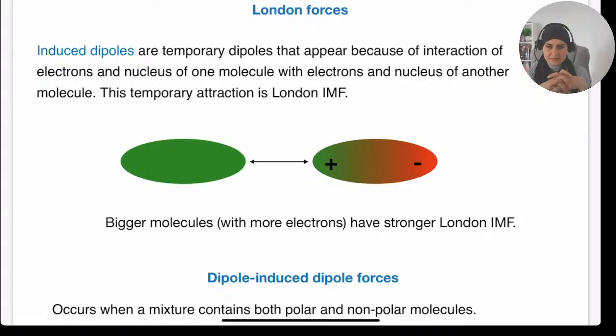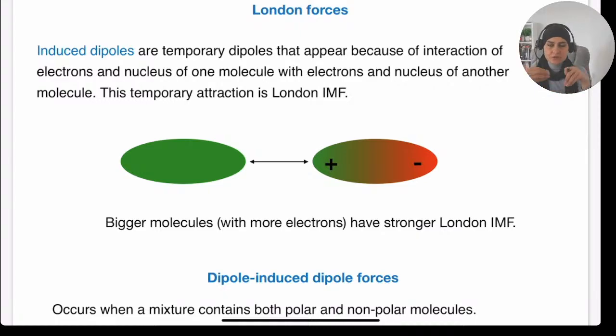So let's say you have a jar with chlorine gas. Yeah, chlorine gas. Chlorine molecules are nonpolar, which means that they don't form dipoles, so their electron density is kind of evenly distributed. But chlorine has a positive nucleus and chlorine has electrons, which are not glued to the nucleus, right? So they can move.